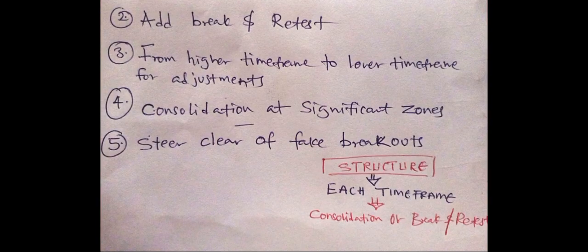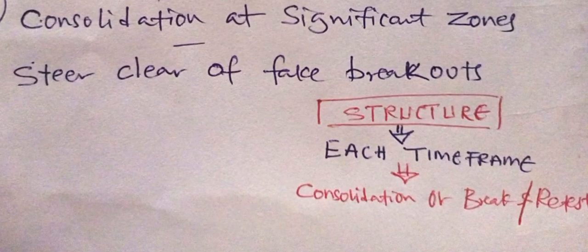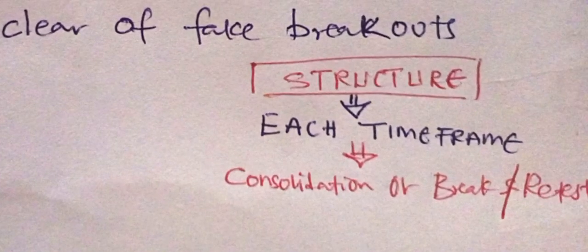Sorry about that. Now, you see this structure. This is very, very important. Like I said, under structure, we have what is called each time frame. Each time frame has its own either consolidation or break and retest.